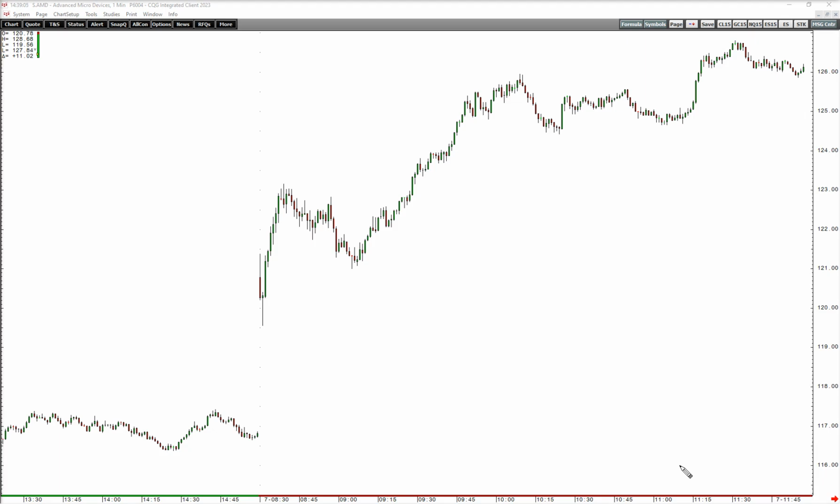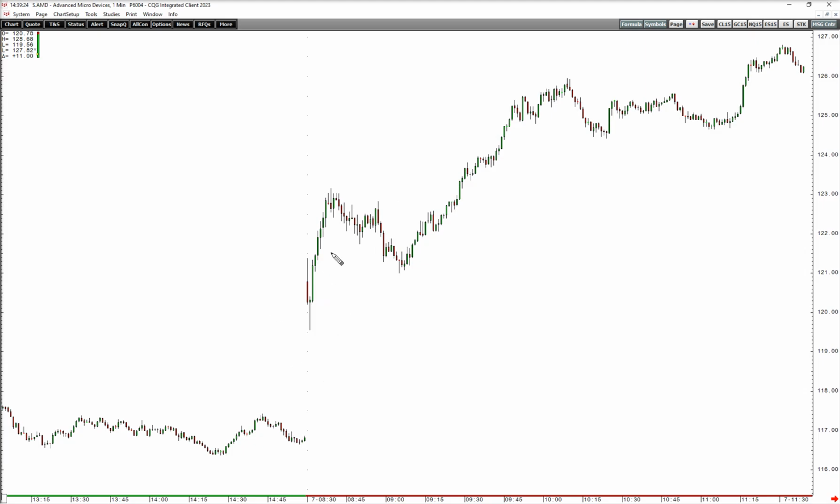This is a list of stocks that have weekly options on them. AMD popped up, Google popped up. On the downside, Chewy popped up and AI popped up, C3 AI. The ones that I went with were Google and AMD.